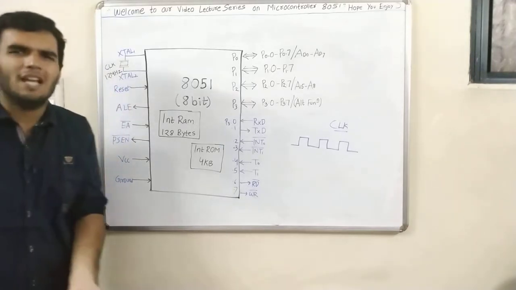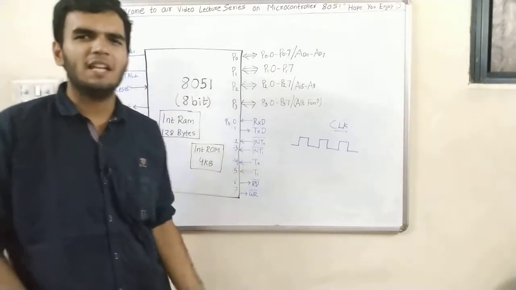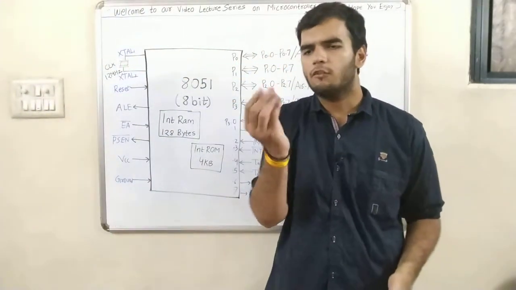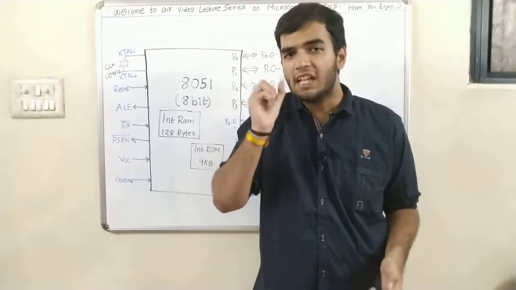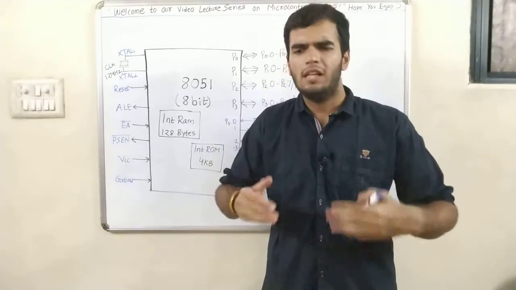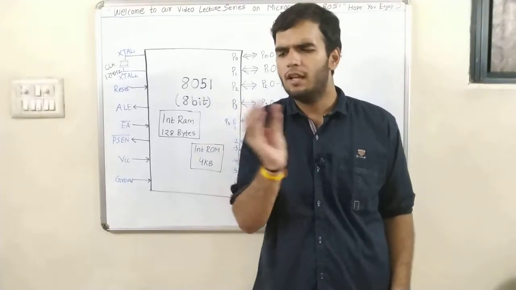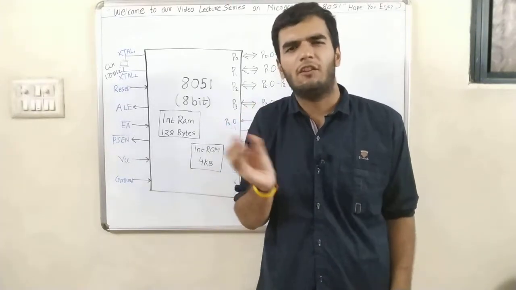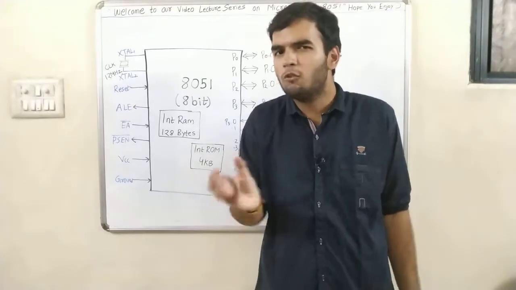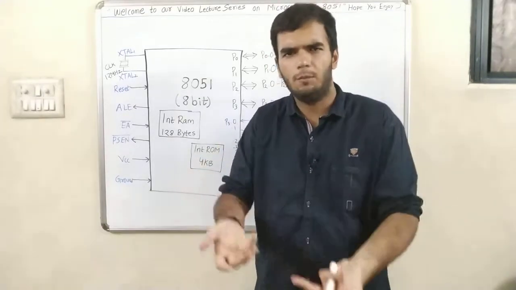But how can we supply it? What we do is take a crystal, an oscillating crystal. As the crystal oscillates, we define that if the crystal completes 10 oscillations, then it is 1 second. When the crystal completes 20, it will be 2 seconds.